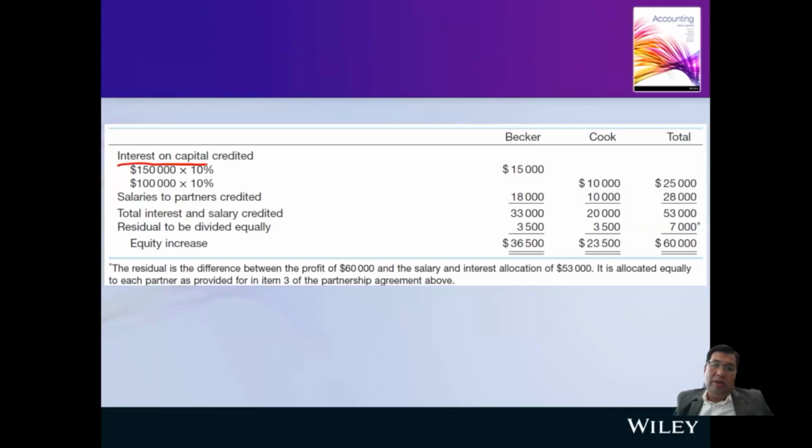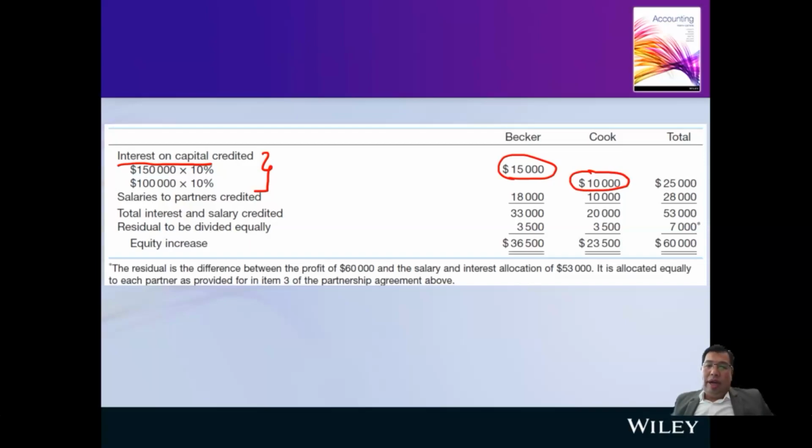We give this 10% for the amount contributed. Since Becker contributed 150,000, Becker is entitled to get 15,000. Cook contributed less, only 100,000, so he should get 10,000.